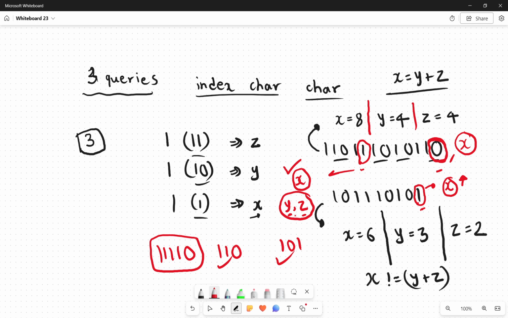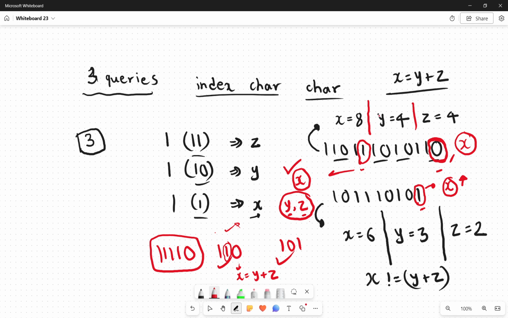Here also the number x will be equal to y plus z: x is equal to 2, y is equal to 1, and z is equal to 1 as well. So x is equal to y plus z.